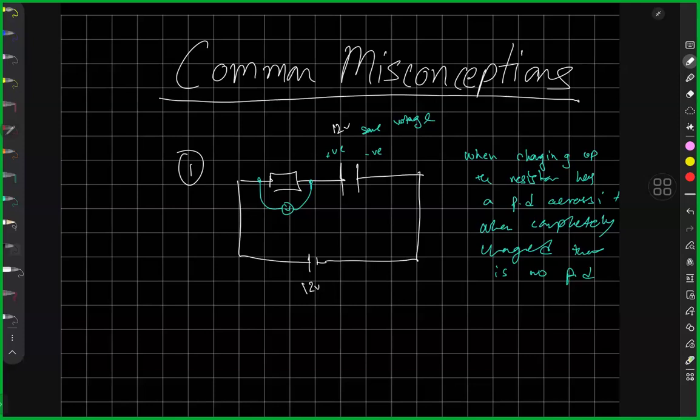Now, what happens if I have a light added over here like this? What do you think? After a point when the capacitor is completely charged, the light will also not light up.